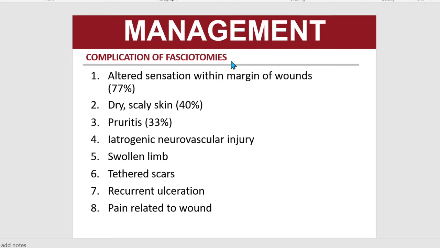So complications of fasciotomy: altered sensation within margins of wounds, dry scaly skin, pruritus, iatrogenic neurovascular injury, swollen limb, tethered scars, recurrent ulceration, and pain related to the wound.